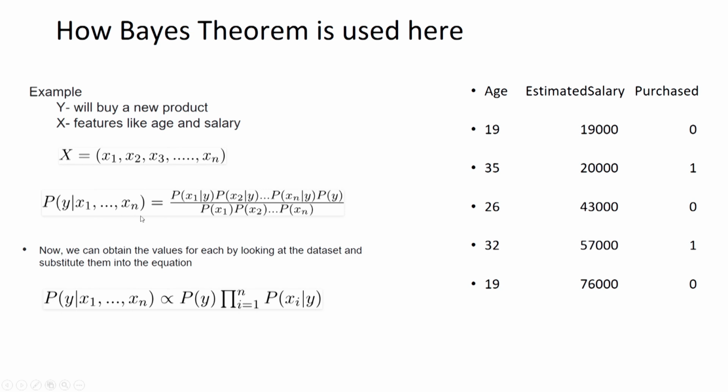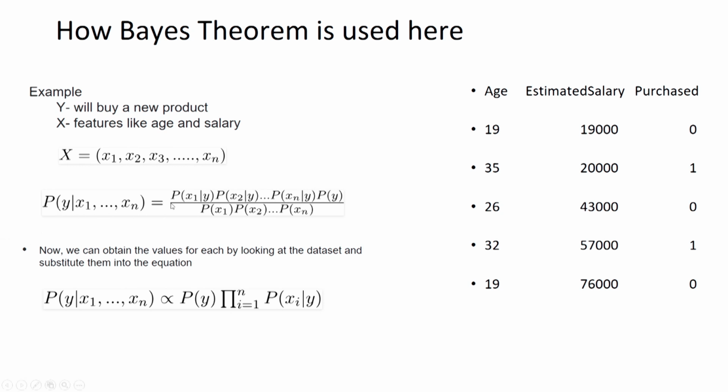That is why probability of x can be written as probability of x1 into probability of x2 into probability of xn, or probability of x given y can be written as probability of x1 given y into probability of x2 given y and so on. By taking this assumption, it is very easy to calculate probability of x or probability of x given y, and that is why it is called the naive Bayes classifier.